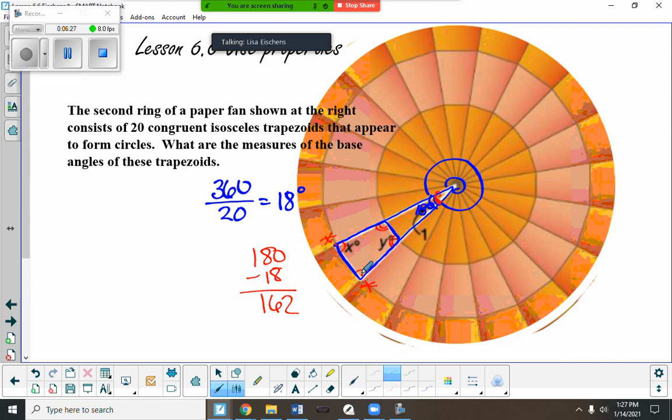So we would divide by 2, and you would get 81. So this is 81, and this is 81, so x equals 81. And then remember that these two angles here and here have to equal 180. So take 180 minus 81, and you get 99. So that one's 99. Make sense?